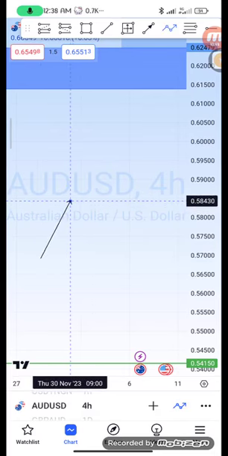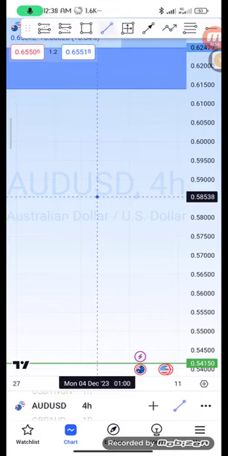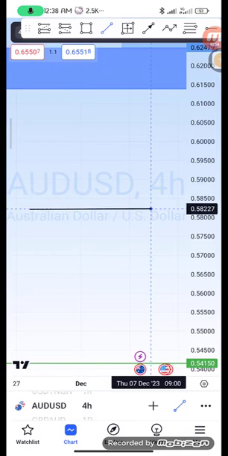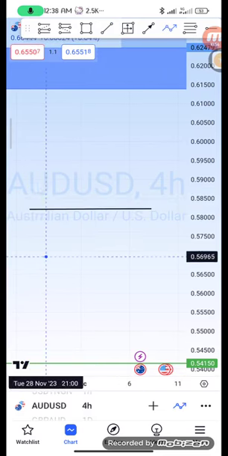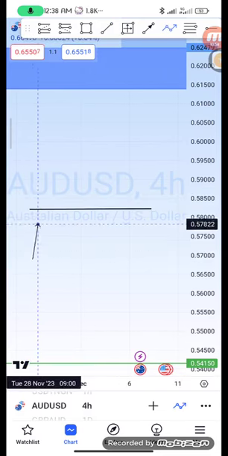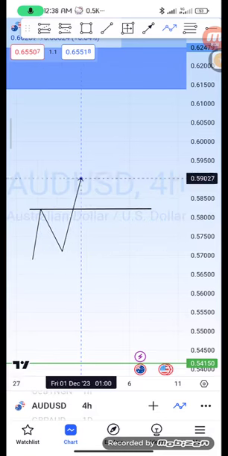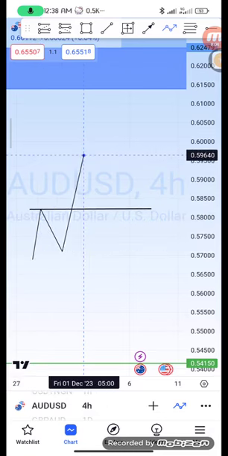Okay, let me do it this way. We have, let's say, a support line, and the market is moving like this. Are you getting me? It retraces and breaks above like this.